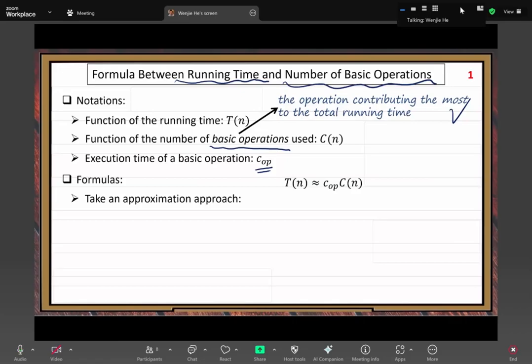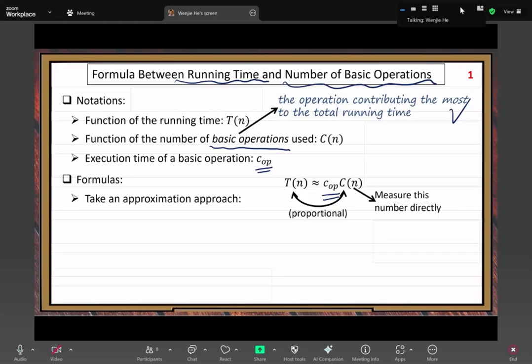We use a constant multiple to connect these two functions, so we can say these two functions are proportional.